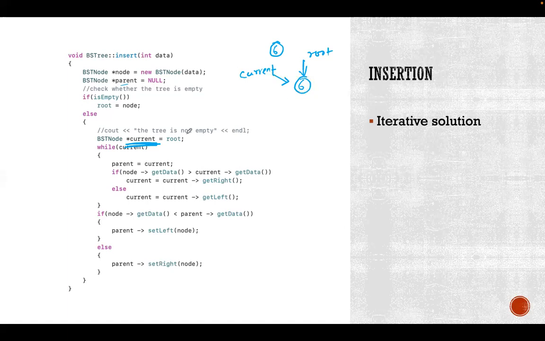We start from here. If the data we want to insert is greater than the data of the current node, we go to the right, else we go to the left.